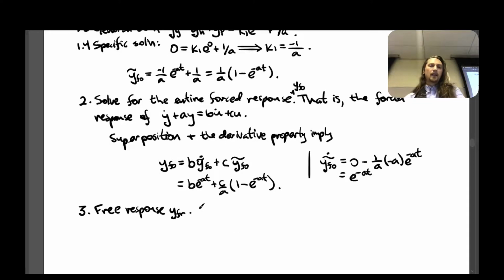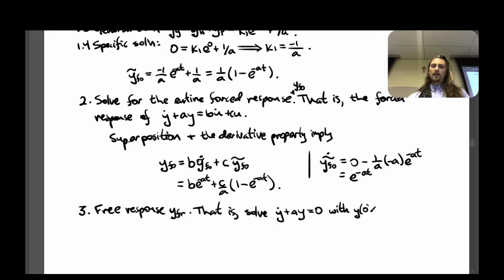Which is to say, solve y dot plus ay equals 0. The free response is the response of the system to initial conditions and zero forcing, right? So with the non-zero initial condition, which was that y of 0 equals d, constant d. Okay.